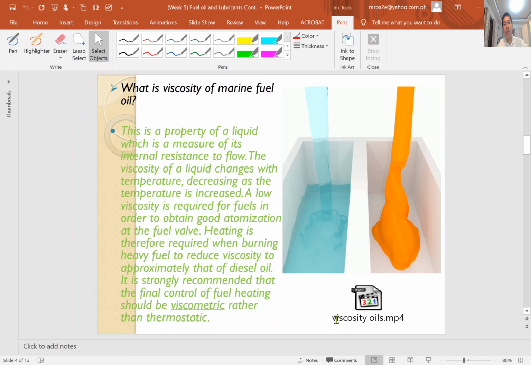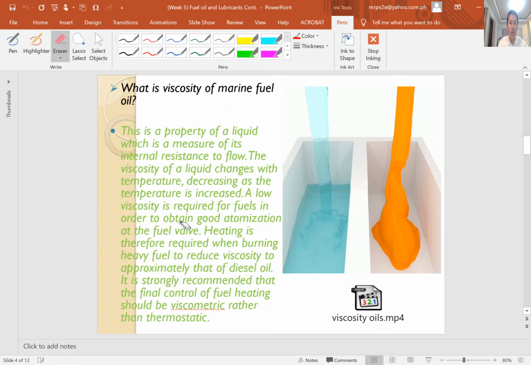So we have here what is viscosity of marine fuel. This is a property of a liquid which is a measure of its internal resistance to flow. The viscosity of a liquid changes with temperature, decreasing as the temperature is increased.